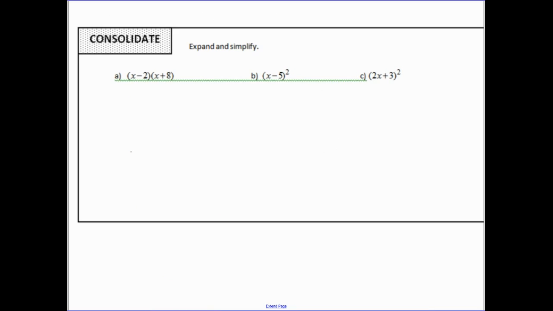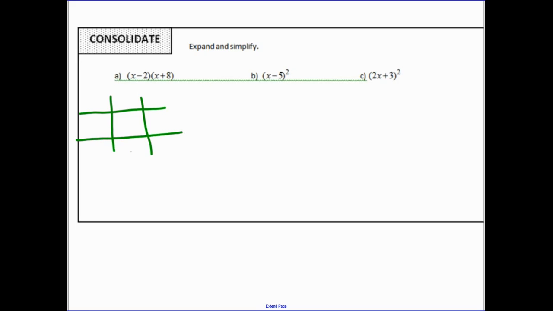So our last lesson, we looked at expanding by distributive property. We looked at it when we have a binomial and a binomial. So we can quickly do these two, and we can use the chart method if you like that method.